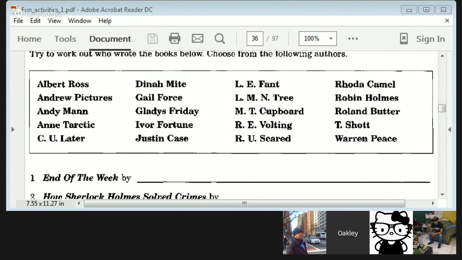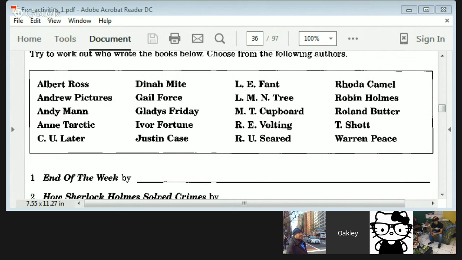Oh, there we go. Okay. Flying Over the Ocean by Albert Ross. Does anybody even know the word that this is supposed to sound like? Has anyone ever heard of an albatross? An albatross.